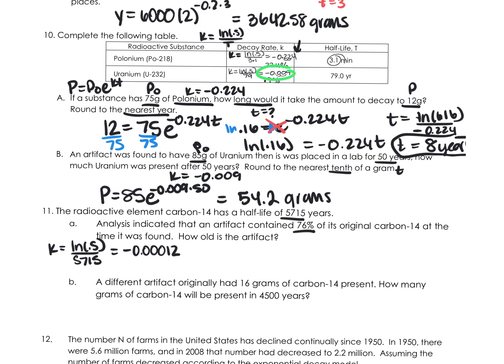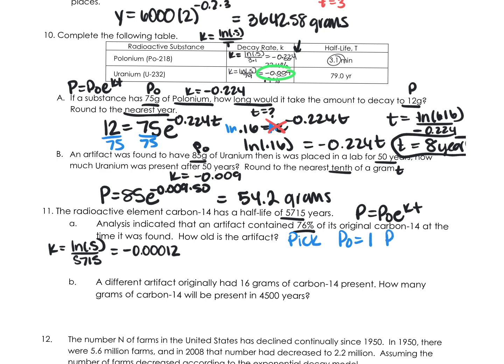Okay, and so then when we go to plug into our equation, we're using P is equal to P0 e to the KT. We know K, and we don't know how much it started with, and we don't know how much it ended with. So this is one of those ones where we have to pick P0 to be something. So we'll pick P0 to be 1.